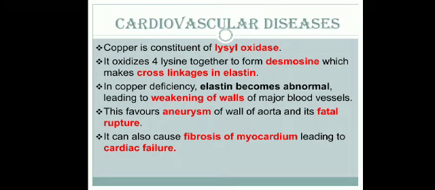In the absence of copper, or during the copper deficiency period, the elastin becomes abnormal due to the absence of the cross linkages in the chain, leading to weakening of the walls of the major blood vessels of our body. And this leads to aneurysm, or weakening of the vessel wall of the aorta, and its fatal rupture.